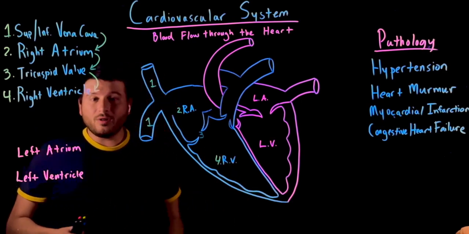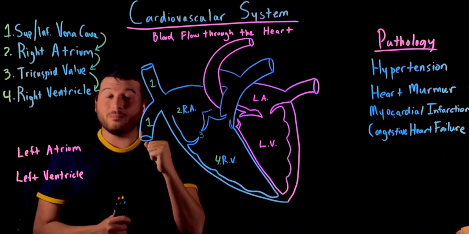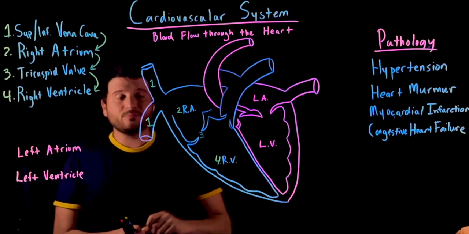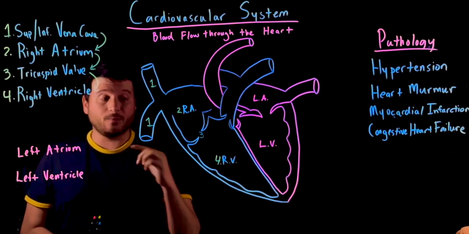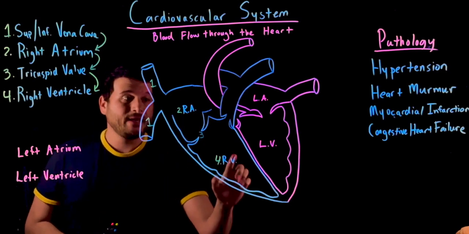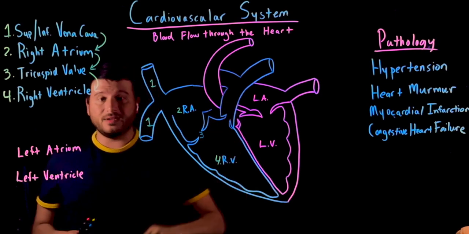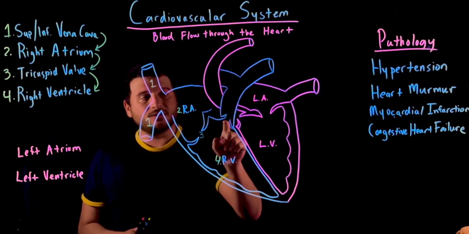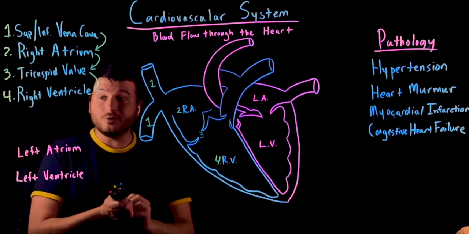This right ventricle will then contract with that strong myocardium. Where is blood going to go? Well, because this tricuspid valve is one way, blood will not go up that way. It's going to pass through this valve and enter into this vessel. The valve it's going to pass right here is known as the pulmonary semilunar valve.